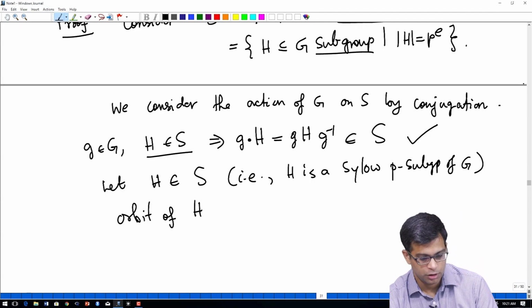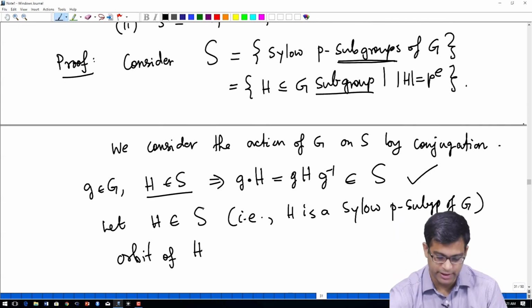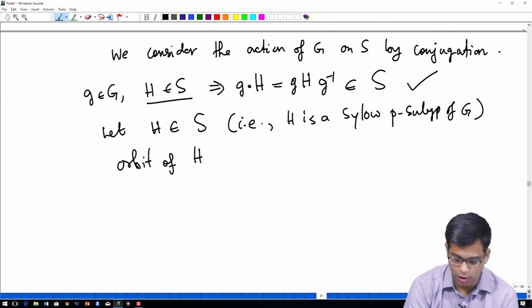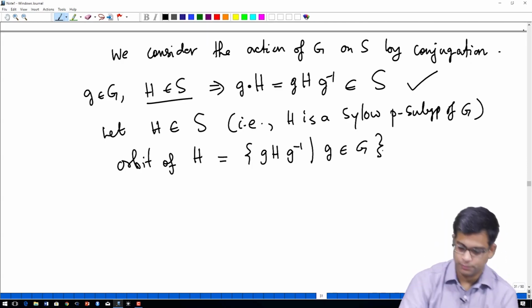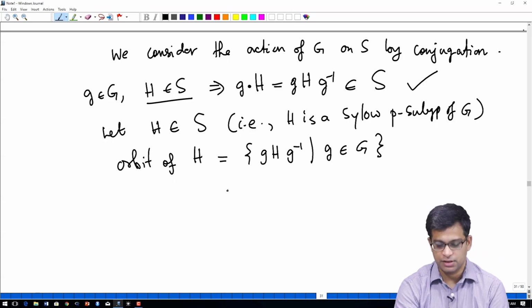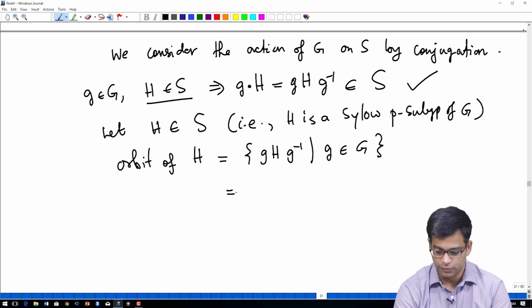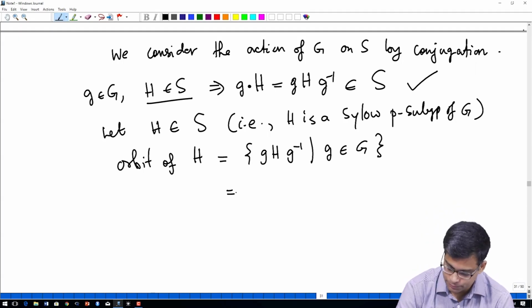Remember, the proof in this case completely depends on the action of the group G on this set S by conjugation. The orbit of H is all gHg^-1 where g is in the group G. Now, gHg^-1 are all Sylow p-subgroups, that is okay, but by the second Sylow theorem this is all of S.